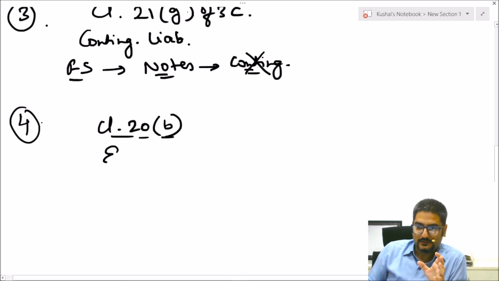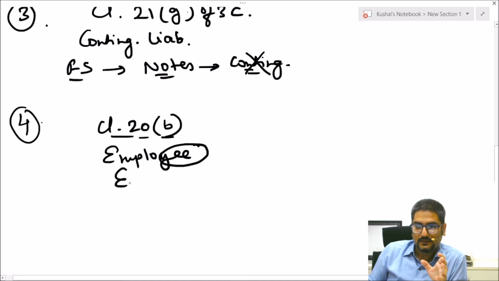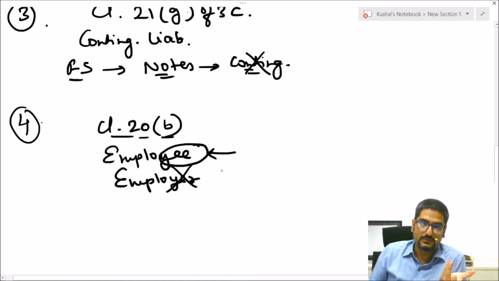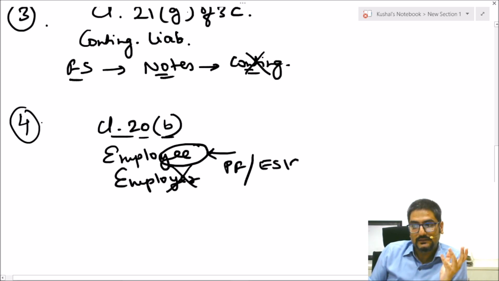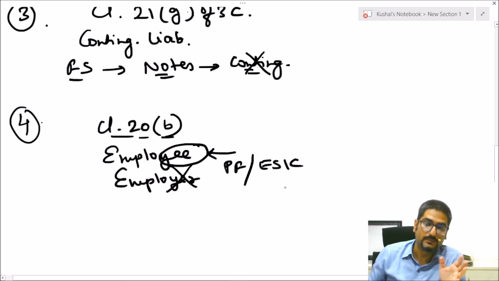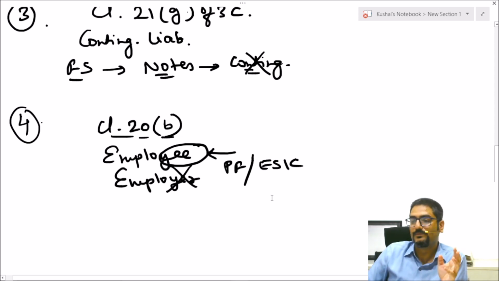Please take care. What needs to be reported is the employee's contribution, not the employer's contribution, right? The department has nothing to do with the employer's contribution. Reporting is required only for employee contribution, either PF or ESIC. It is the employee's, not the employer's contribution. So please take care of this aspect also.